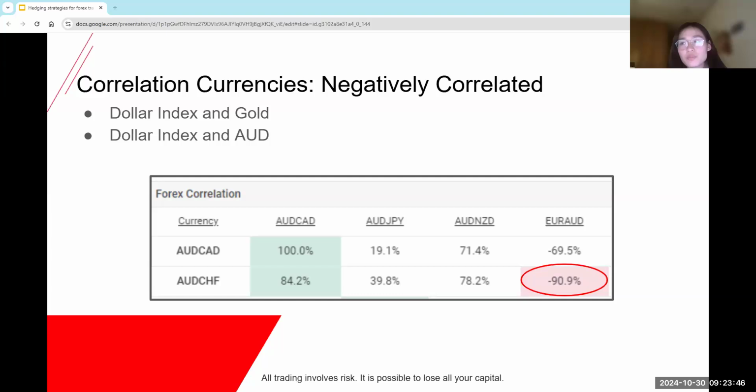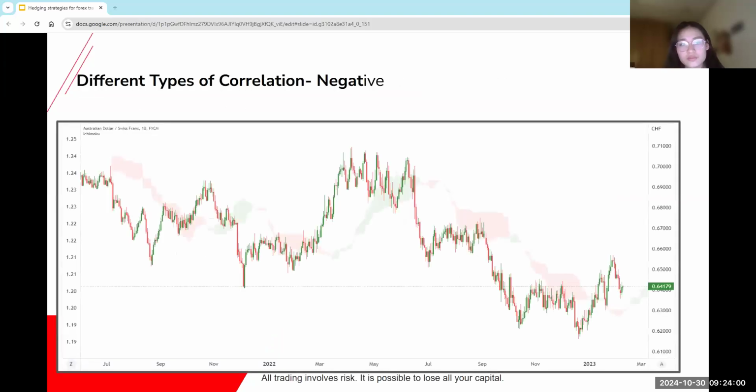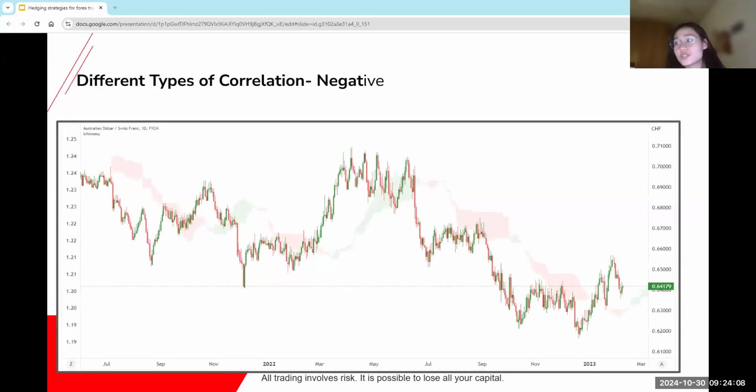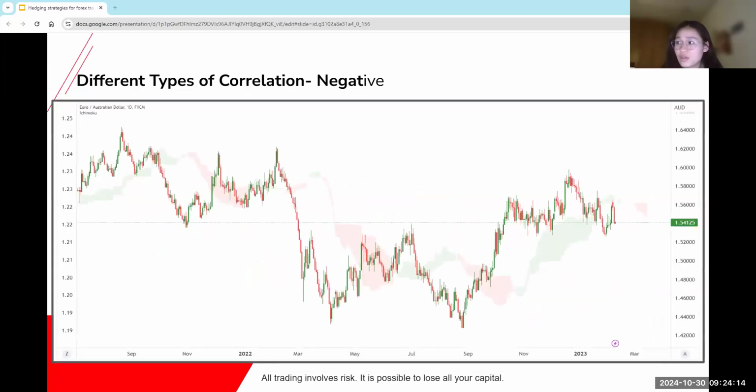Okay, so for this example, we're going to be looking at Euro Oz and Oz franc, which are in this case very negatively correlated at minus 90.9%. Looking at a couple of examples, Oz franc: you can see prices moving above the Ichimoku cloud, so that's a pretty bullish signal.